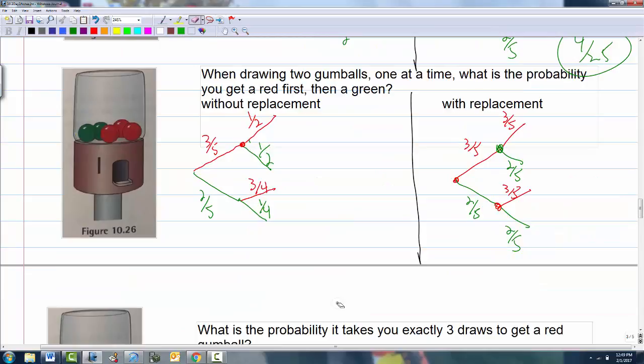So for the next example, since I made it identical, drawing 2 gumballs one at a time, these are all the possibilities that could happen. You could get red and then red, red and then green, green and then red, green and then green. And those are the probabilities of those happening without replacement. Now all I care about is red first, green second.